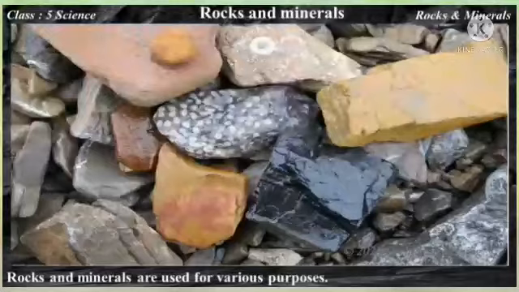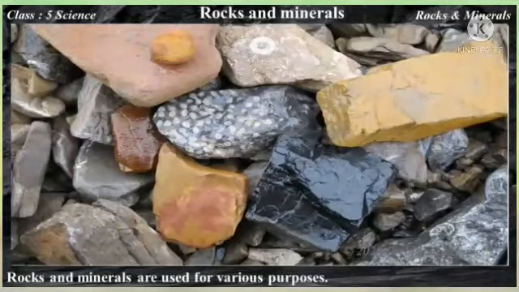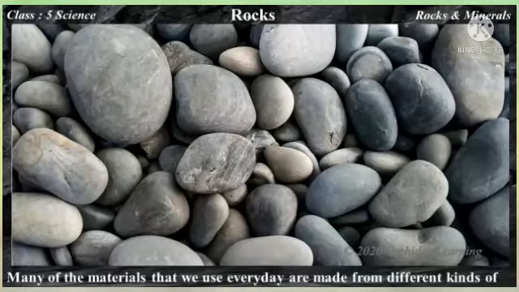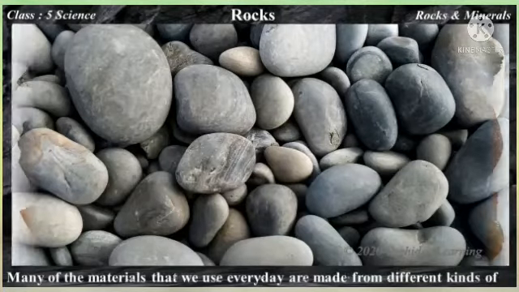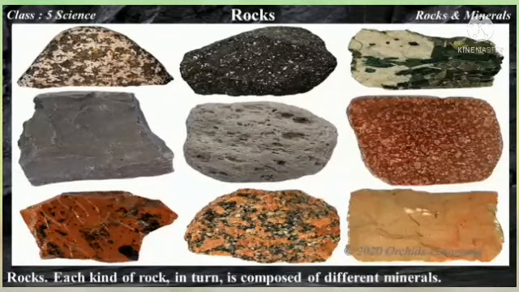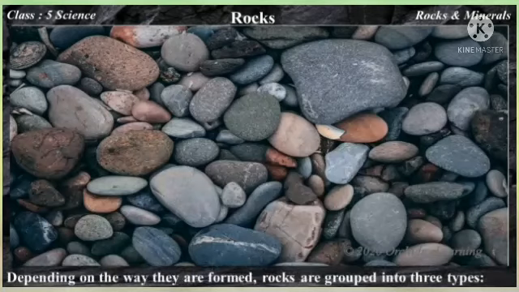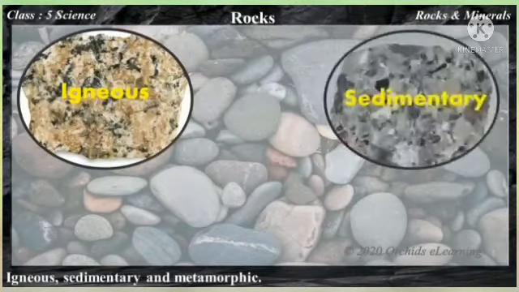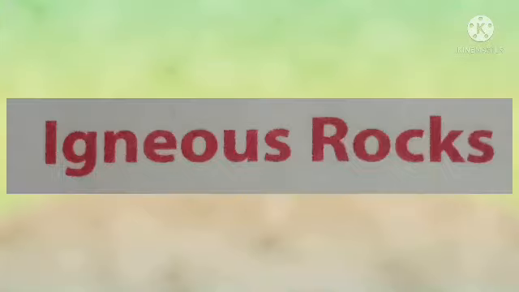Let us first learn about different types of rocks. Each kind of rock, in turn, is composed of different minerals. Depending on the way they are formed, rocks are grouped into 3 types: igneous, sedimentary, and metamorphic. Let us learn one by one.